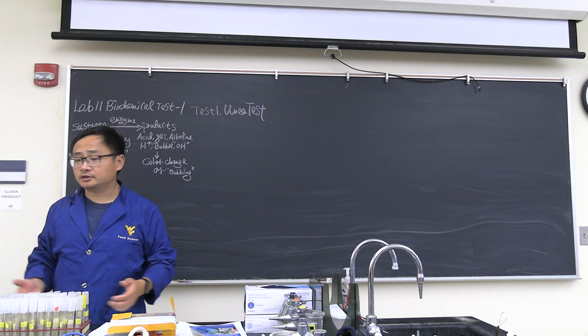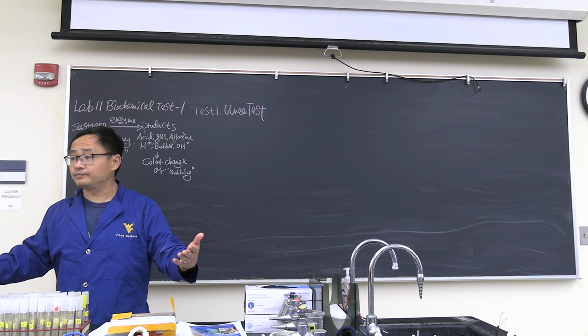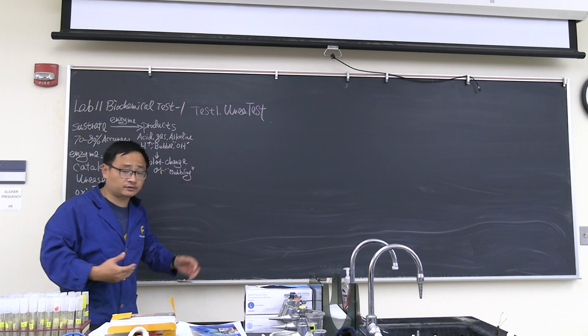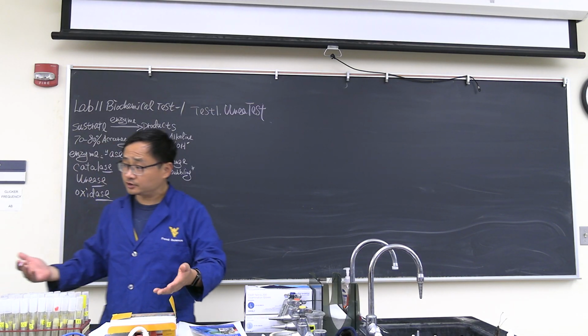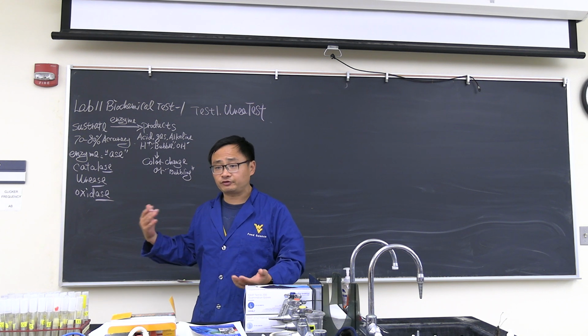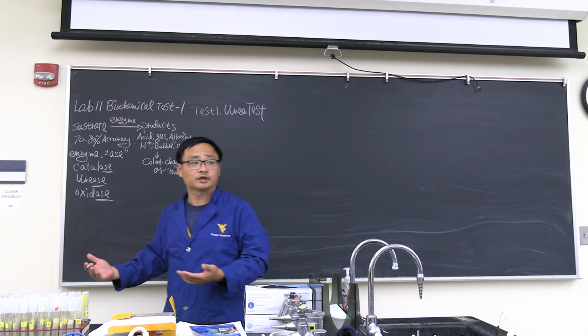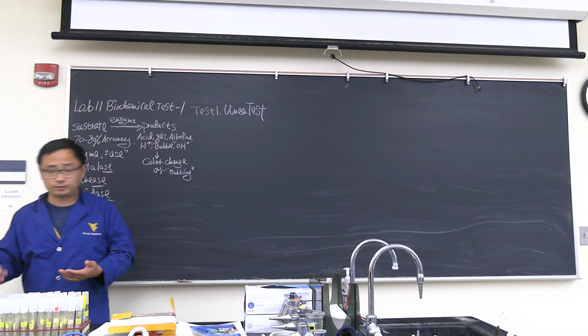Sometimes it's a beautiful color, sometimes no color change and negative. But what we need to learn is the story behind that, which means a little bit of mechanism behind it. Why the color is changed, why the color is not changed. That sometimes is a little difficult because there is a lot of chemistry there. Okay, so we want to talk about the chemistry, structures, the principles behind that.